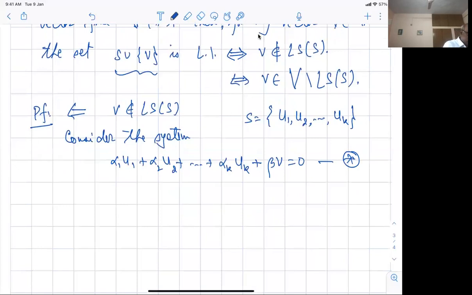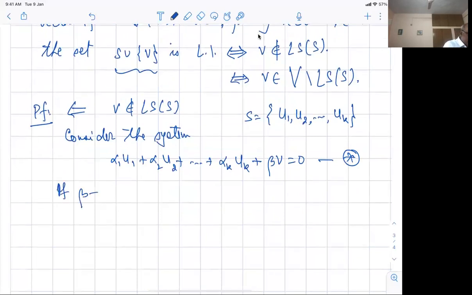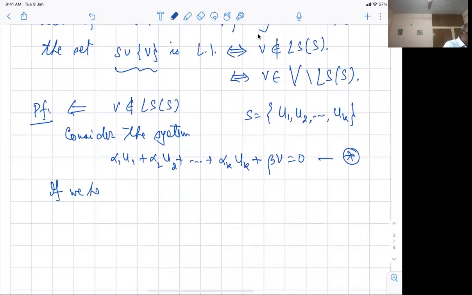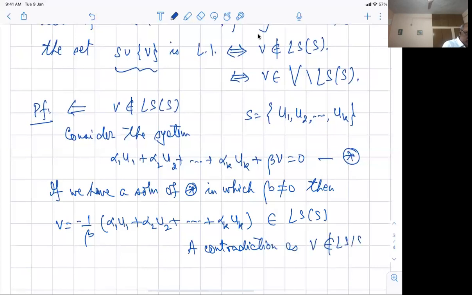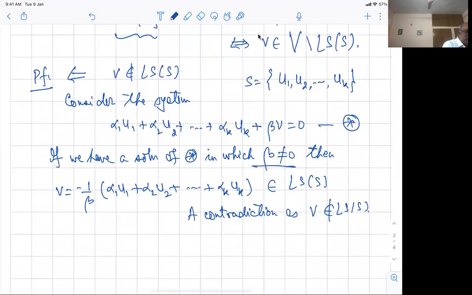So if we have a solution of star in which beta is not 0, then V is minus 1 upon beta times alpha 1 u1 plus alpha 2 u2 plus ... plus alpha k uk, and this implies that V belongs to the linear span of S. There will be a contradiction as V does not belong to LS of S.